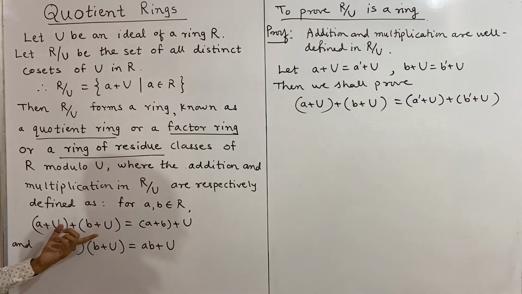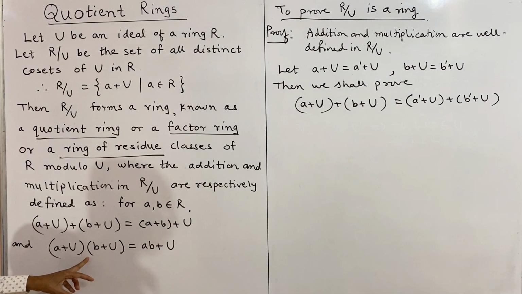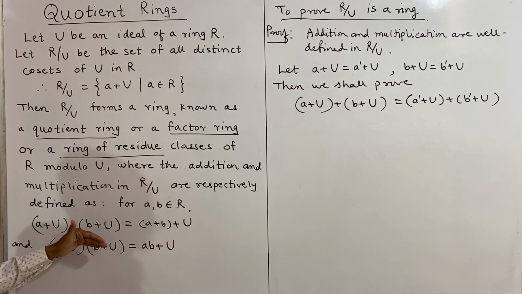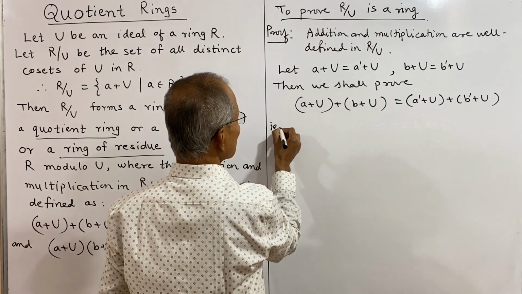So these operations must first be checked whether they are well defined or not, and after checking that addition and multiplication are well defined, we will check the axioms of ring structure. Now we shall prove this.